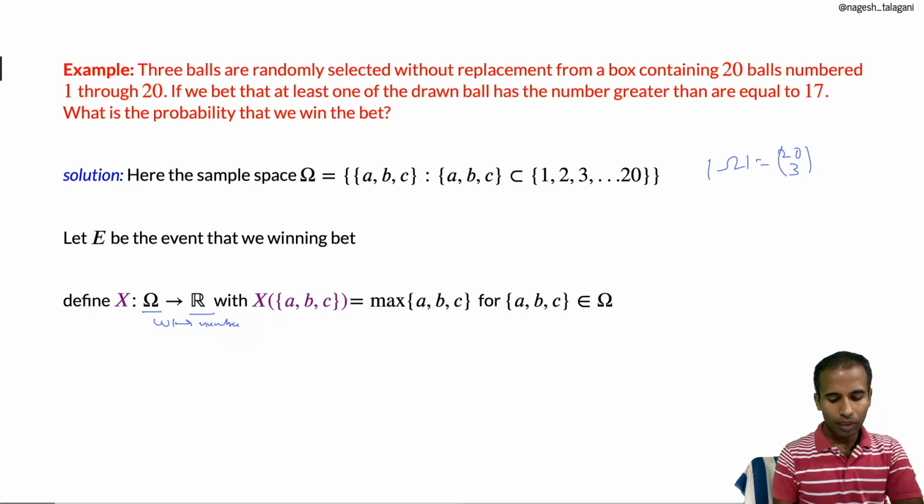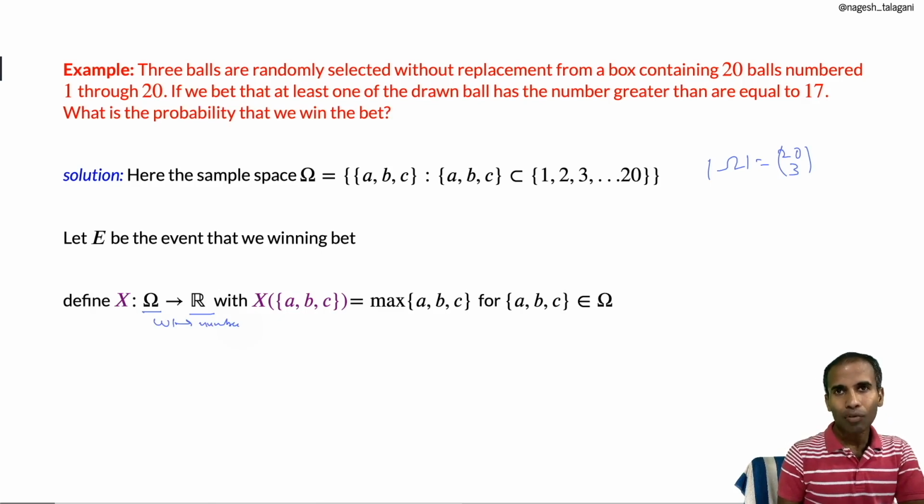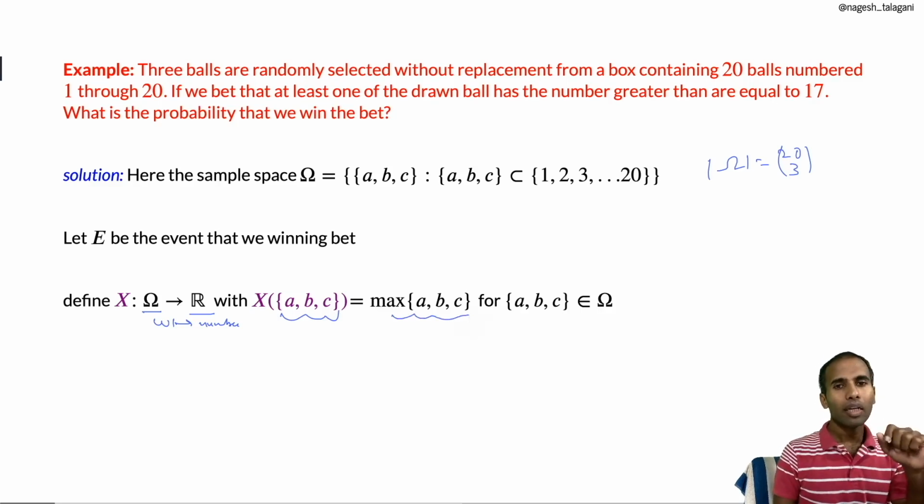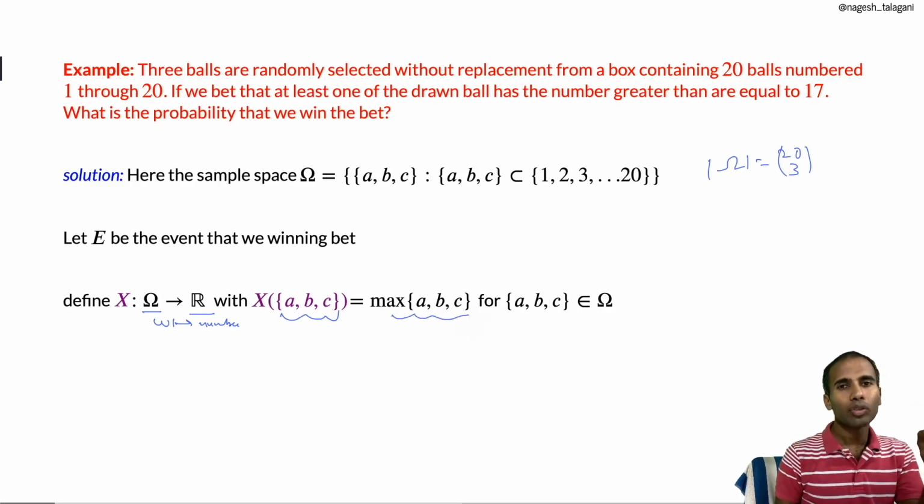This is how we are quantifying: each selection is quantified by the maximum of the selection. Here X can take the value 3, 4, 5, 6 or up to 20. The maximum of a 3-combination will be at least 3 and at most 20.